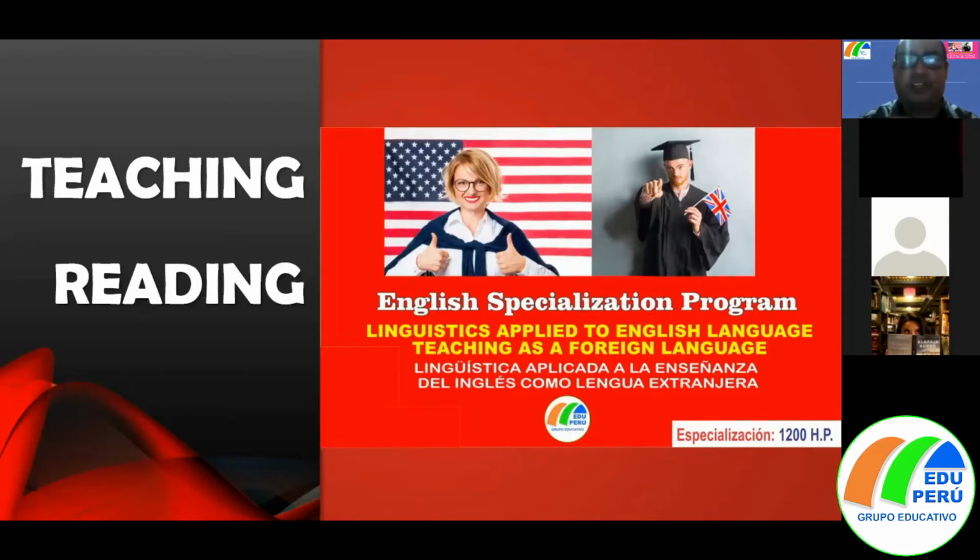In order to read, to comprehend something, what does the reader do in this process? ¿Qué hace el lector cuando va a leer un texto? What does he do? What does she do?